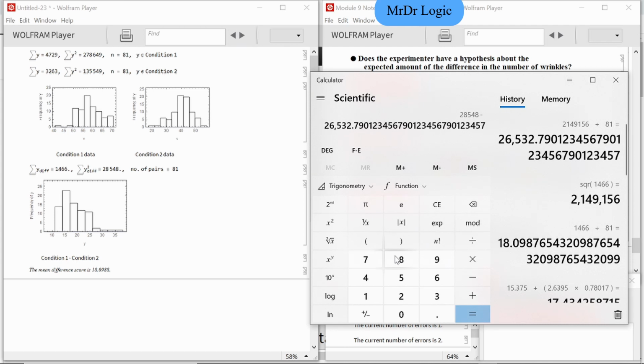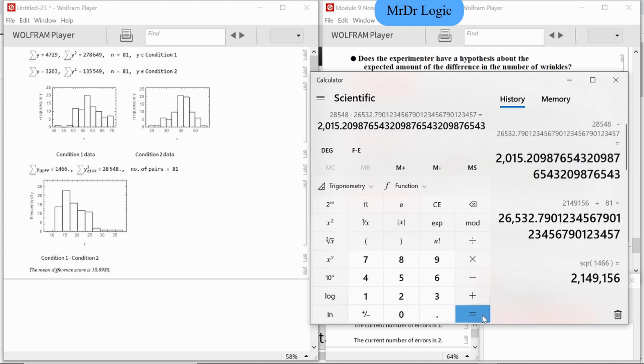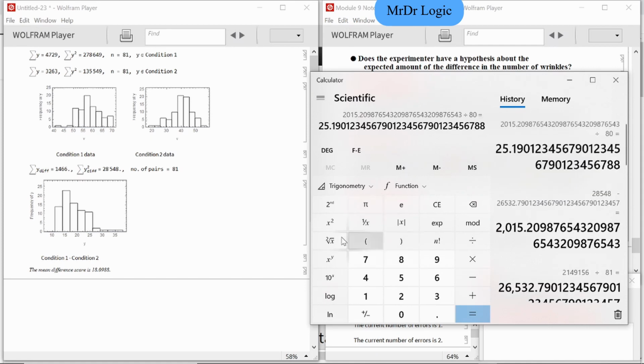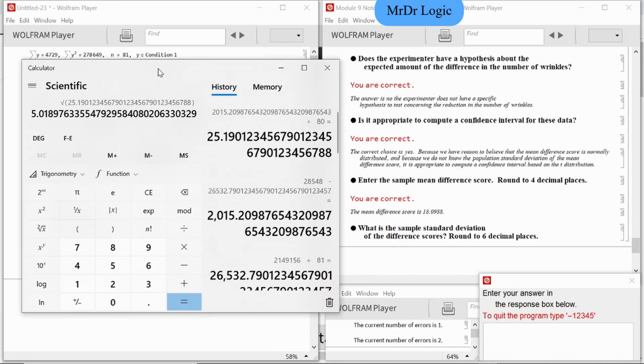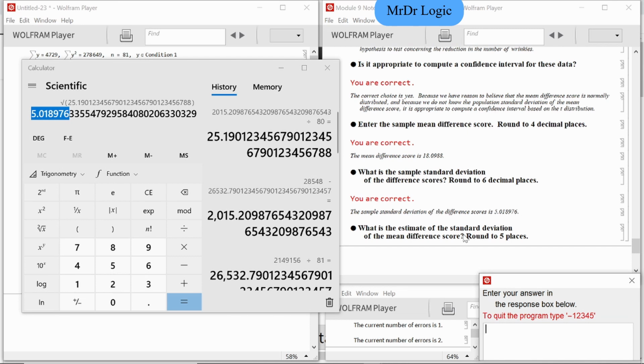Holy moly, I have never seen a number that perfect after its decimal points. Okay. And now we got to square root the whole... No, wait, we subtracted the 2. Now we have to divide it by 80 and square root the whole thing. And now we got to put in the 6 digits. There we go, that's the correct answer.